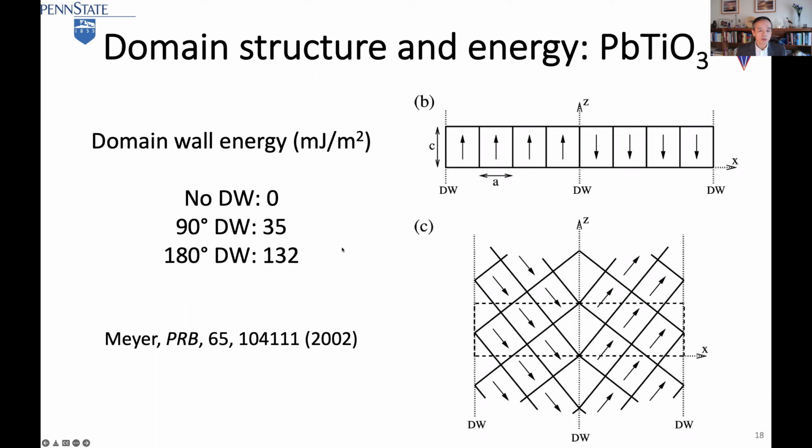And for the 90-degree domain wall, you have 35 millijoules per square meter. And for 180-degree, it's 132. This is about 4 times the difference. Which means that 90-degree domain walls are more frequently observed, and 180-degree domain walls are less frequent in experiments.